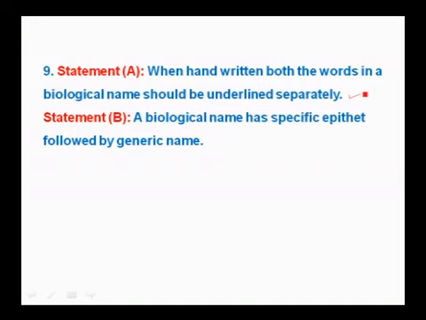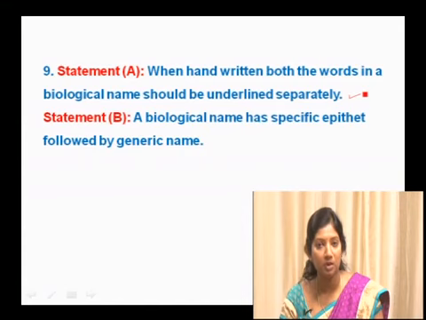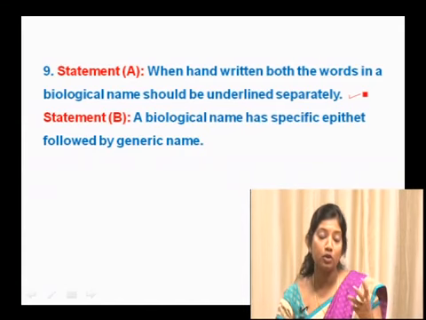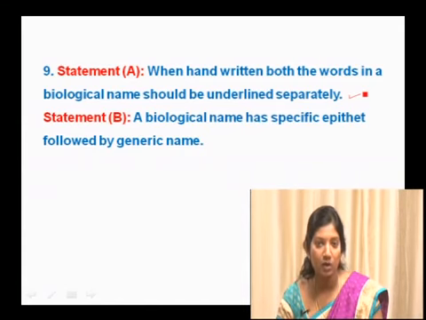Before picking the right option, let me tell you the rules of binomial nomenclature. Giving a scientific name with 2 components to an organism is called binomial nomenclature. Whenever we want to give a scientific name to an organism, 2 components are minimum required.